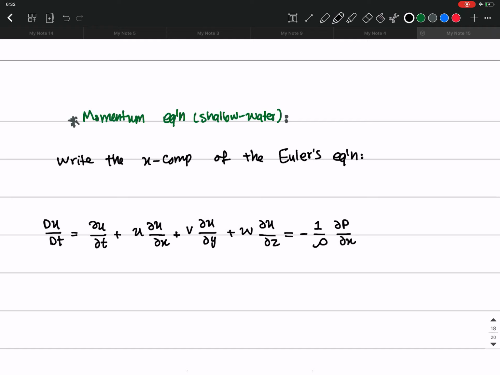So this is the Euler's equation, and we assume, because this is in the x direction, we don't have gravity, right? So the gravity does not affect the x direction, so I don't have it. And now, because we can do some simplifications, again we have homogeneity in the y direction, so I can just assume this term is 0, and also the velocity in the span-wise direction is 0.